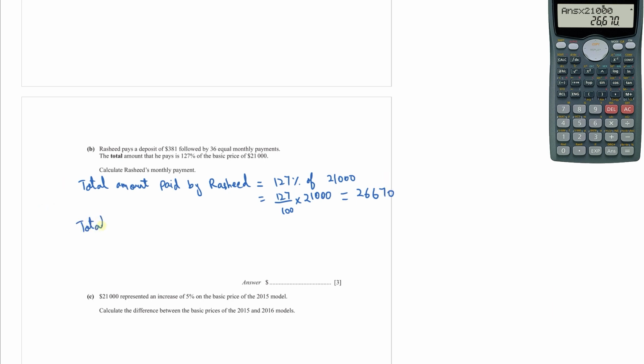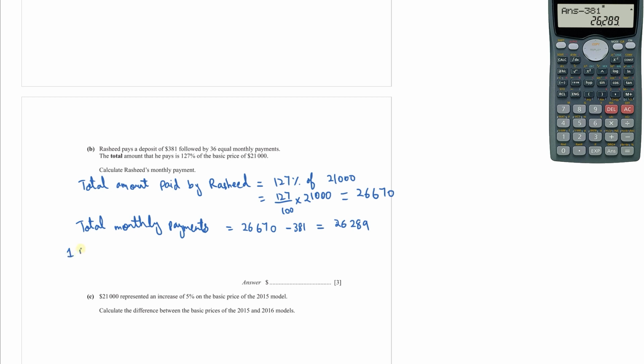Now we need to find the total monthly payments. So these will be equal to the total amount paid minus the deposit, which is 26,670 minus 381. So this will be 26,289. So this is the amount that Rashid paid in monthly payments, and he paid 36 monthly payments.